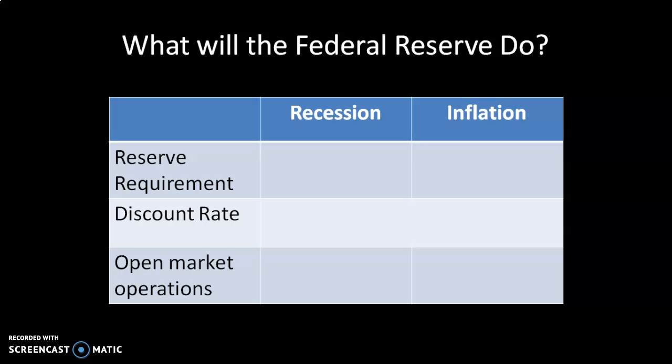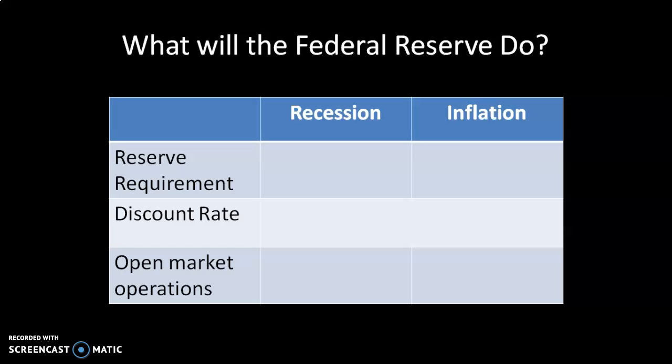One thing that might surprise you, let's go back real quickly to the reserve requirements. In the Great Recession of 2008 and 2009, the problem was that there was not enough money in the economy. Something like $1 trillion was lost as a result of that recession. So the Fed took very aggressive actions to increase the money supply to help pull us out of that recession.